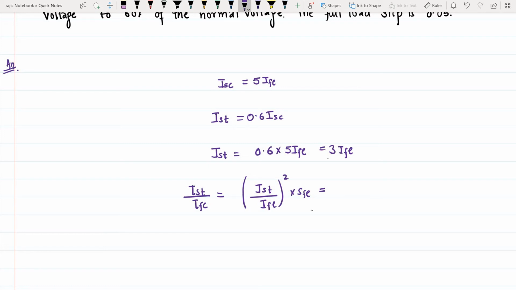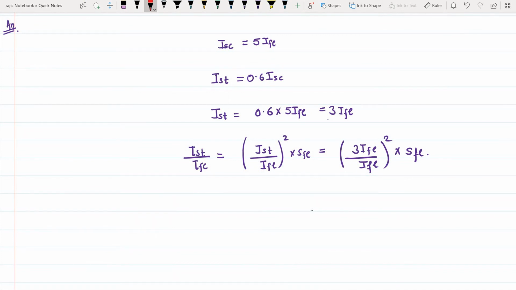We have already calculated IST is 3 times IFL, so we can write (3 times IFL by IFL) whole square into SFL. You can easily see this will get cancelled and you will get 9 into SFL.